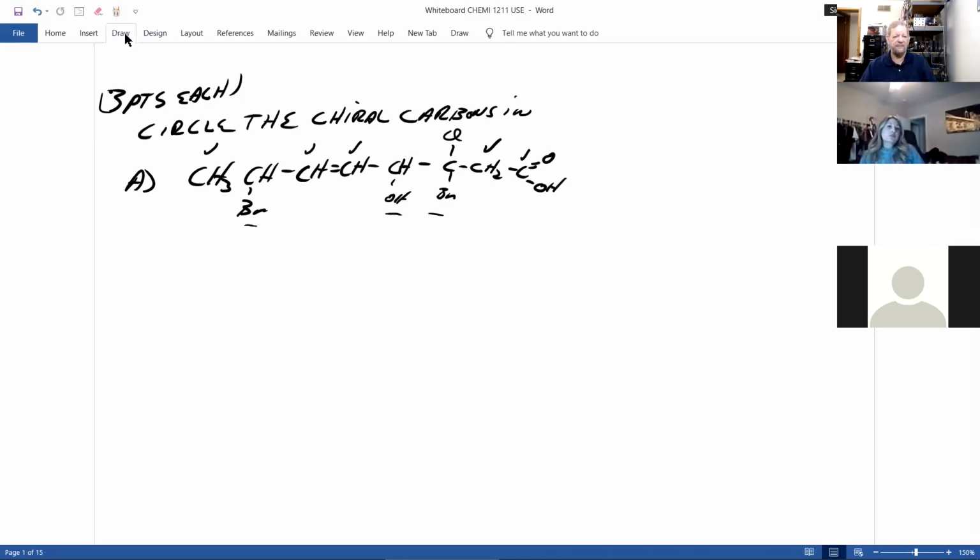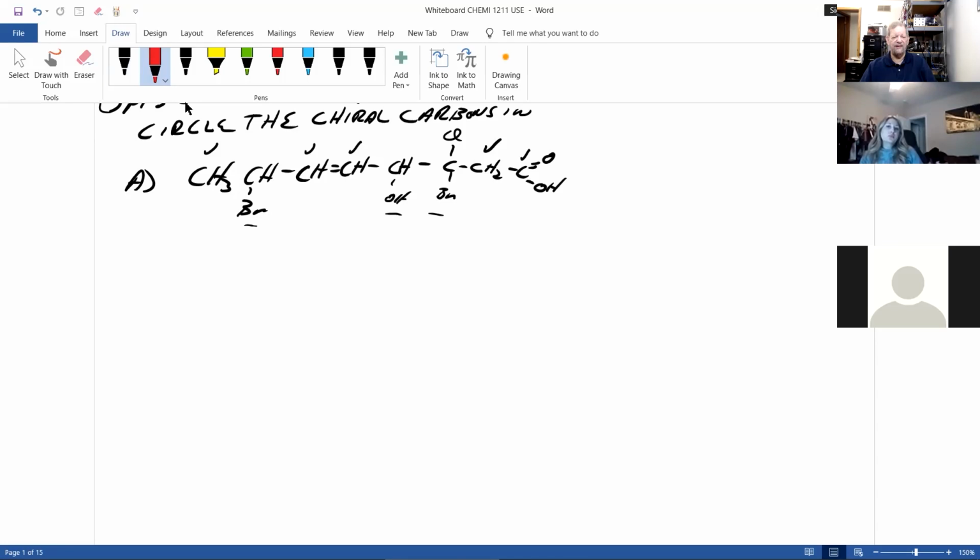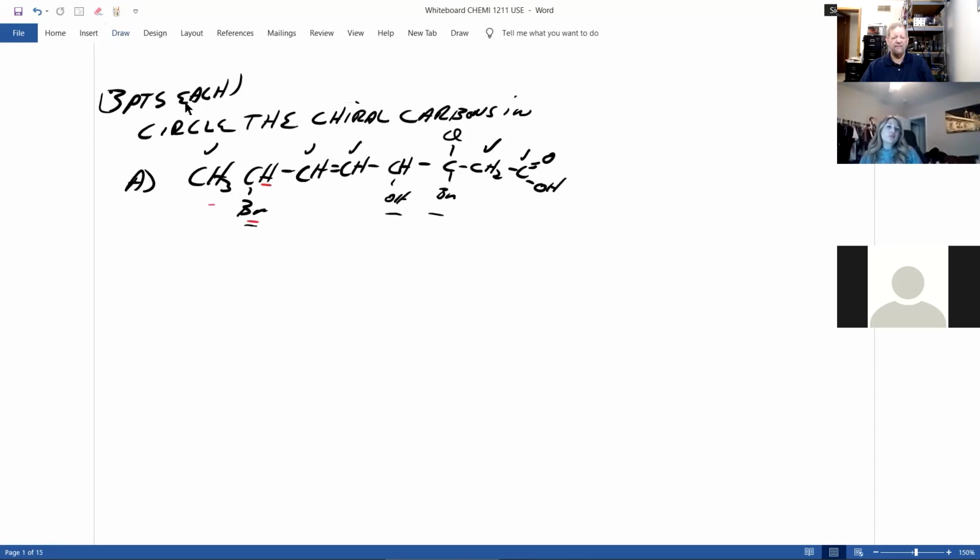If we look at this one: hydrogen, bromine, methyl, and this whole long thing, 4 different groups. If we look at this carbon: hydrogen, hydroxyl group, this I'll call R prime, there are 4 different groups. And finally, this carbon: chlorine, bromine, this I'll call R, and this I'll call R prime. They're different, so that's how you do it.